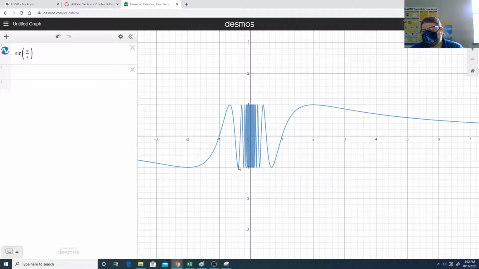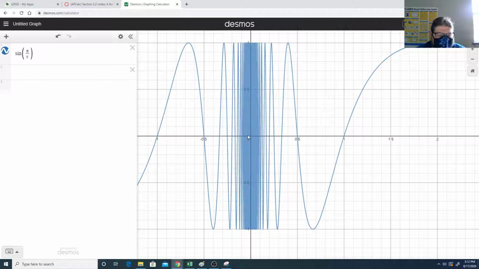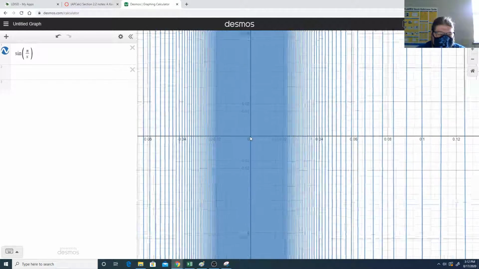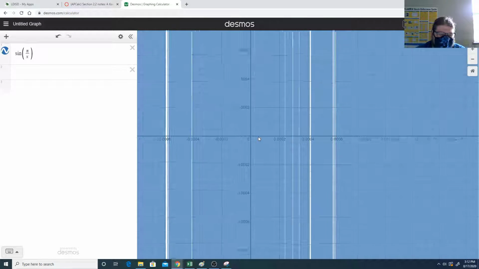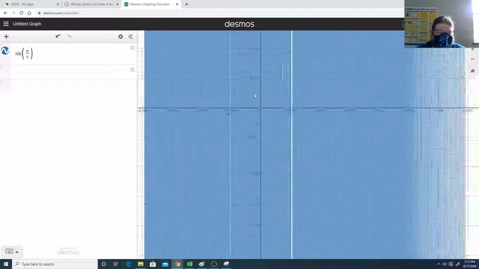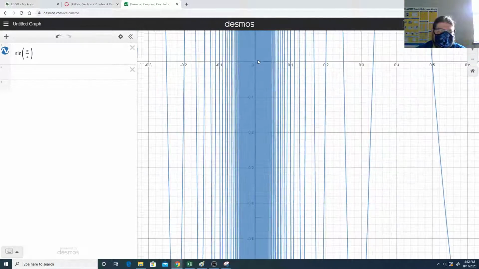Okay, so this is why we're not getting a limit. As x gets closer and closer to 0, normally the function settles down on a single point, but you can see as we keep scrolling in, as x gets closer and closer to 0, the y values are still bouncing back and forth between 1 and -1. So this function has no limit.